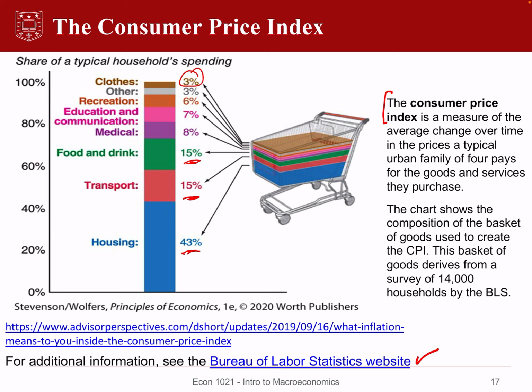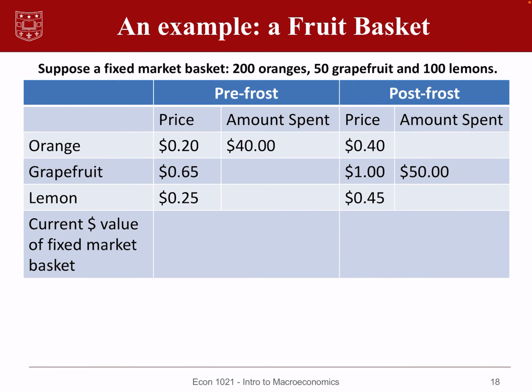And then there are other kinds of things, and the proportions of the spending that households are doing are given in this table. So what happens is that a typical household is surveyed about their purchases and their prices, and from that comes the construction of the overall consumer price index.